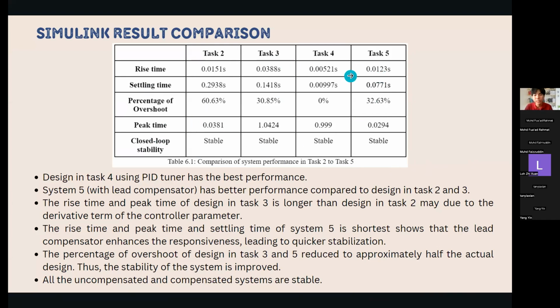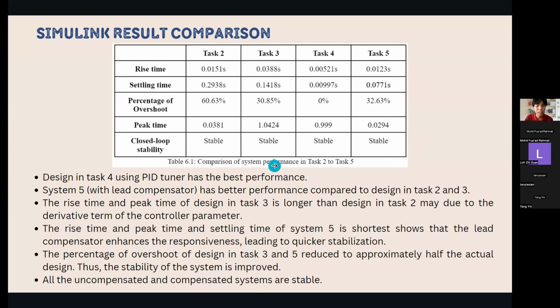Based on these three designs, the lead compensator has the best performance: the rise time is the shortest, the settling time is also shortest, the percentage of overshoot approximately matches the desired 30%, the peak time is also shortest, and the stability remains stable.